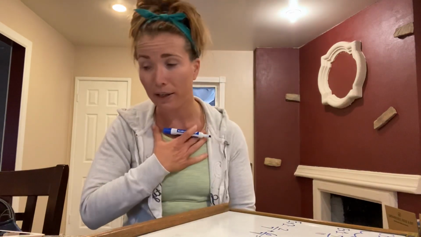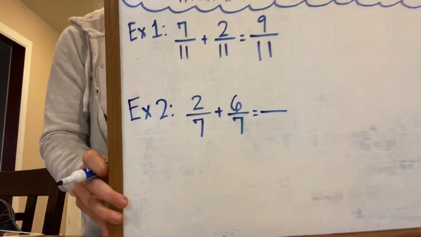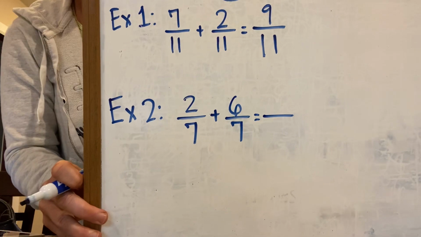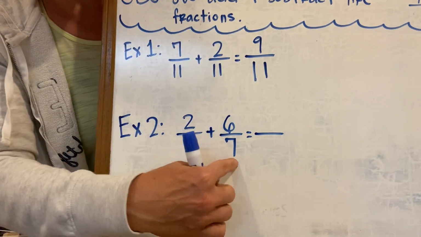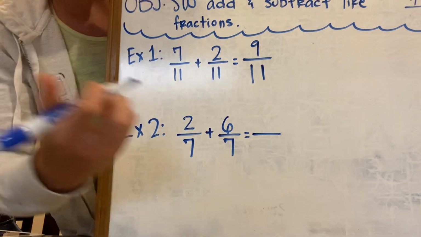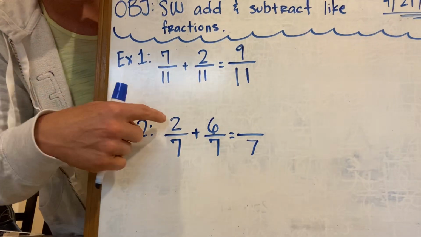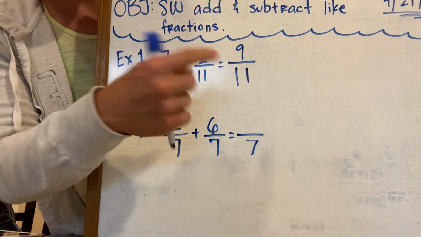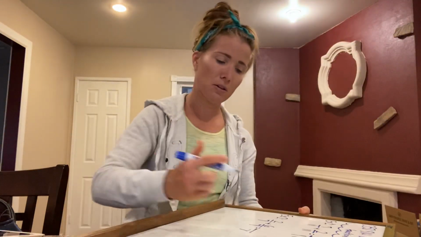This is my example 2, but on your worksheet, it is number 4. So again, because the fractions are both divided into 7 parts, my answer is gonna have 7 as the denominator, and I just add across. So 2 plus 6 is, give it a moment, 8.